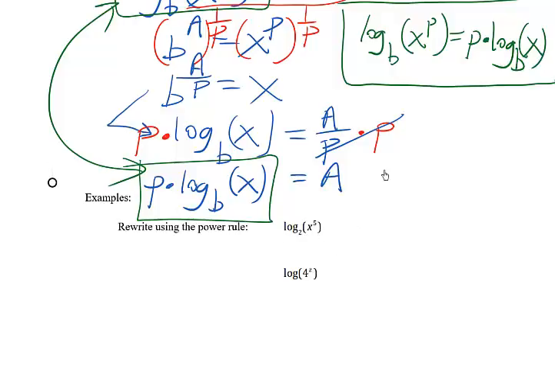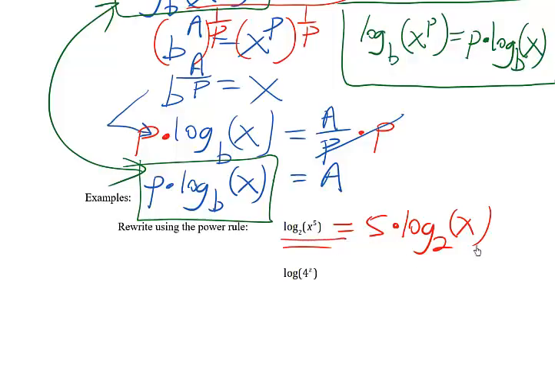It's an exact match for the left side of the rule. According to the rule, I can take that power, that 5, and bring it down front as a multiplier, leaving me with 5 times log base 2 of x. All I've done is rewrite this statement using the power rule of logs.